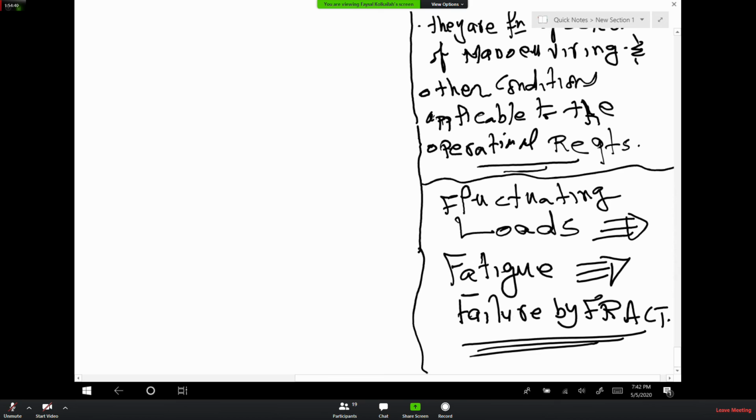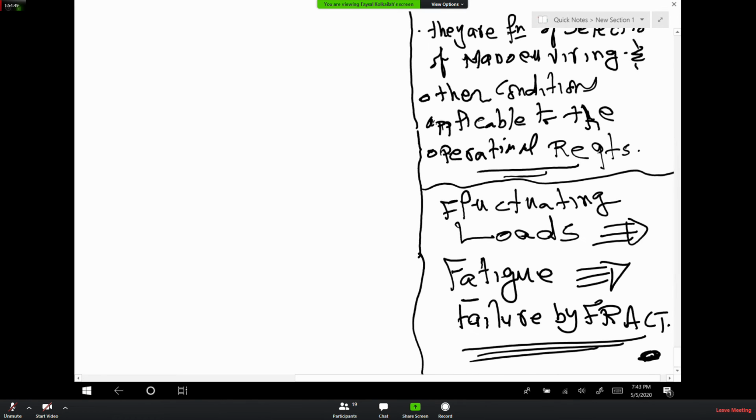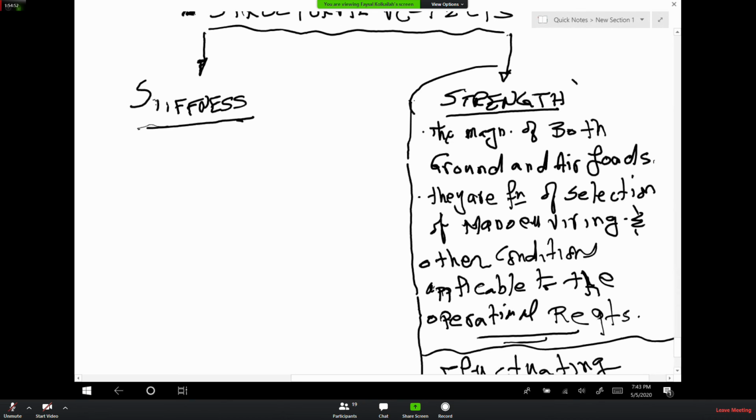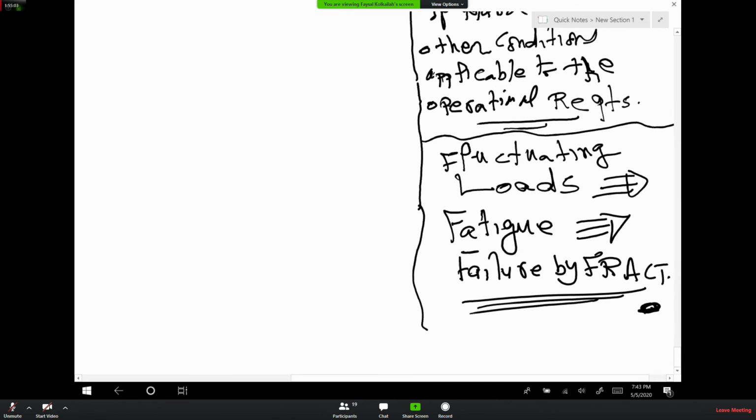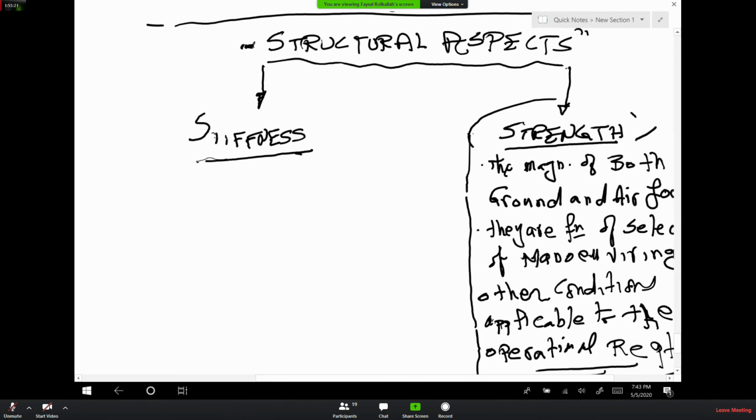Full stop. Again, as we said, this side here, strength: we already talked about half of it in the linear part, that's yielding. We are not talking about the other half, which is fatigue, which is fracture. And I usually talk about it in Aero 535, the fracture mechanics class, right? Anyway, enough of that.